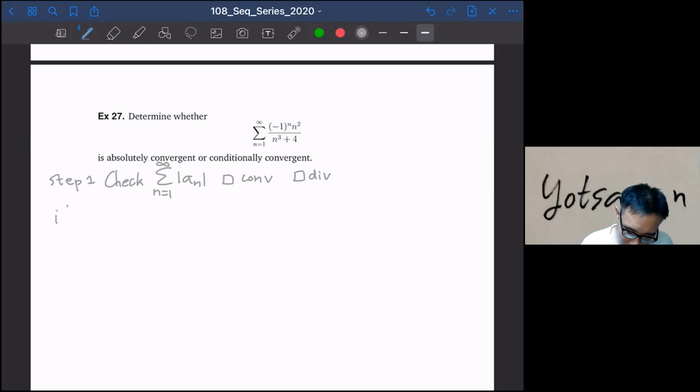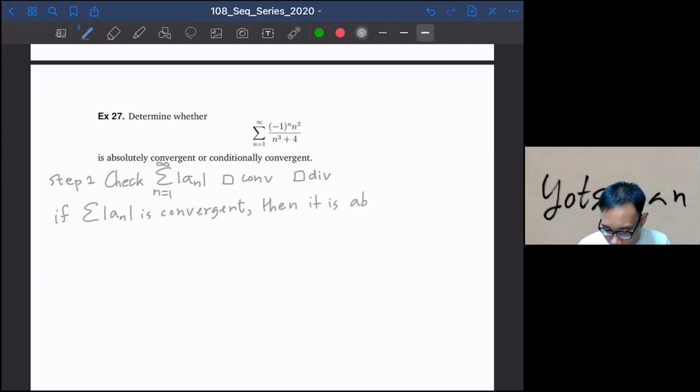If the series of absolute value of a_n is convergent, then you just say it is absolutely convergent.